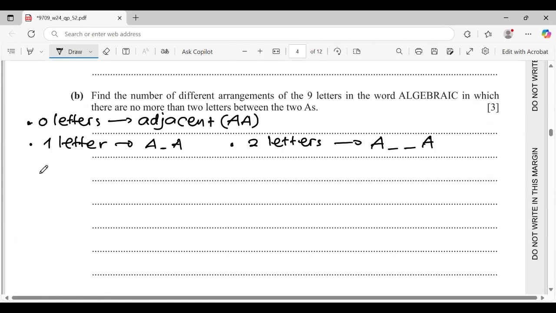Now let's go case by case. How many letters are between the two A's? Let's find out.